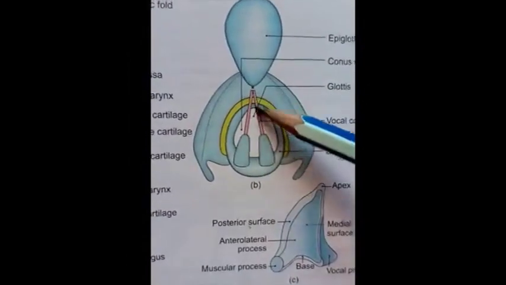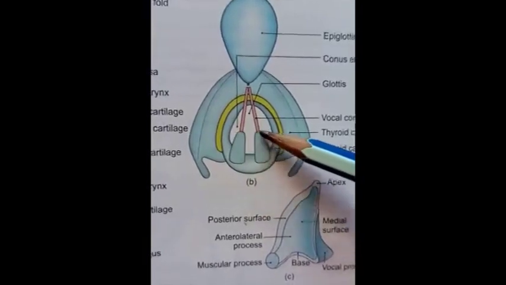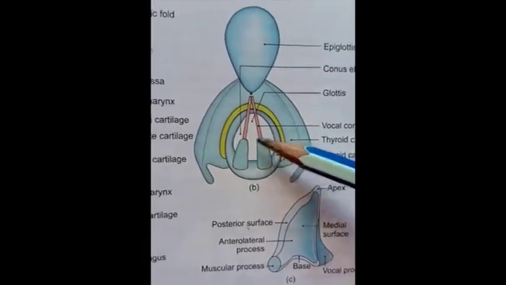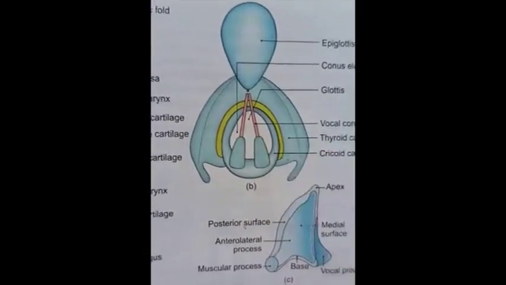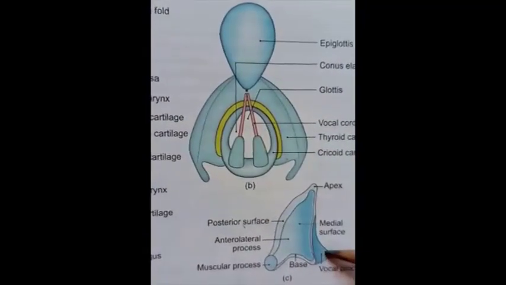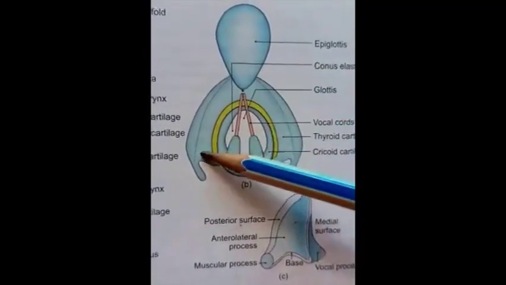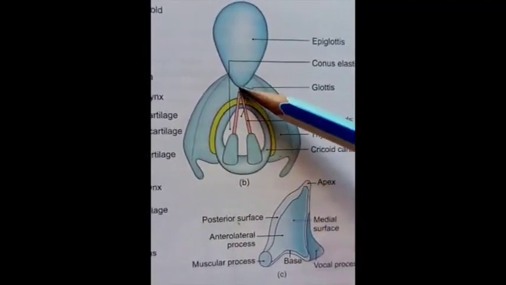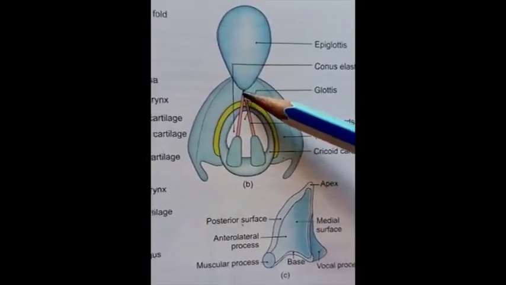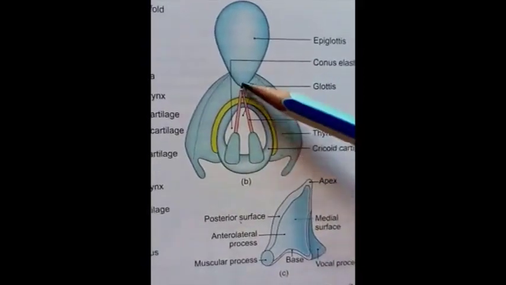These are vocal cords attached posteriorly to the vocal process of the arytenoid cartilage. The vocal process is present towards the base of the arytenoid cartilage, which is visible here also. And the anterior attachment is on the thyroid cartilage. This is the thyroid cartilage, and this is the posterior aspect of the thyroid cartilage at the meeting point of the two laminae of the thyroid cartilage.